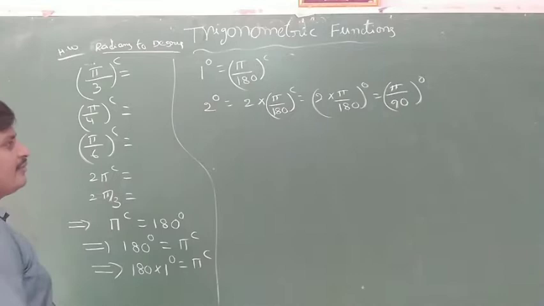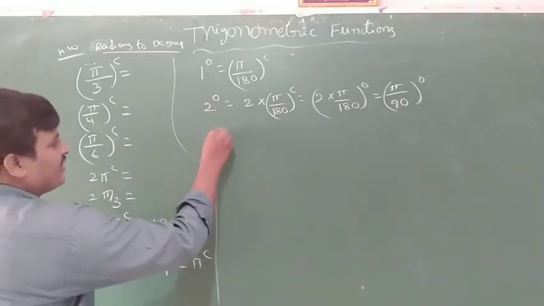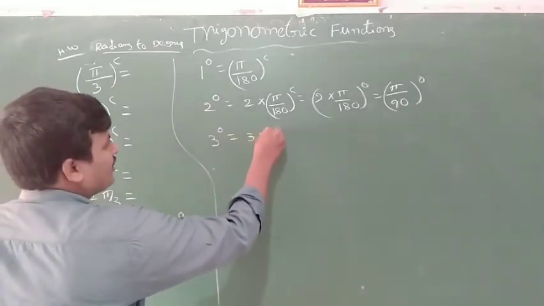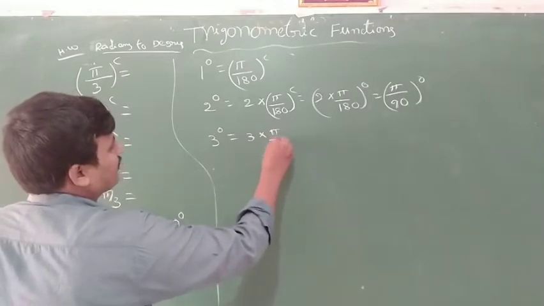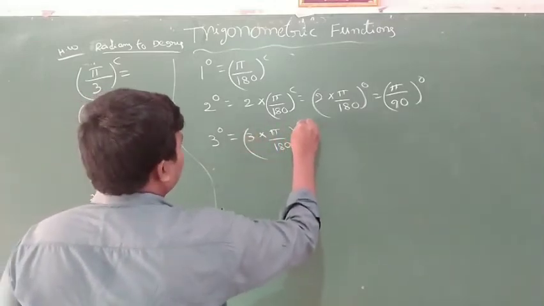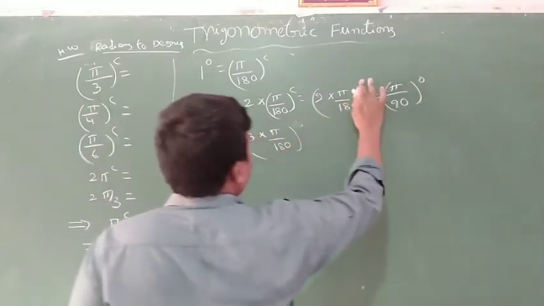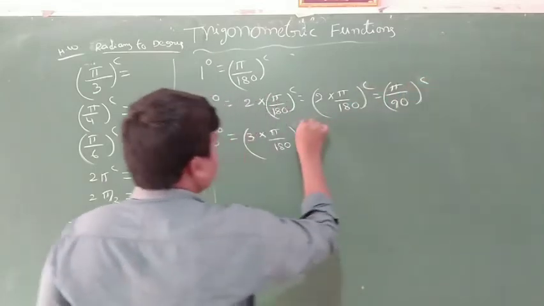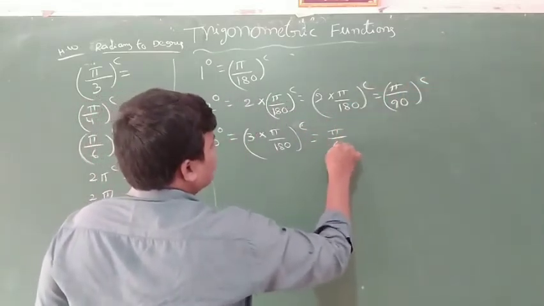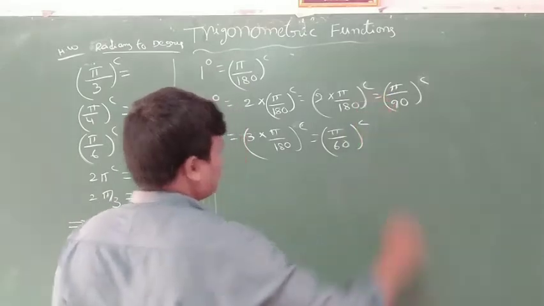At the same time, 3 degrees is equal to 3 into pi by 180 radians, so pi by 60 radians.